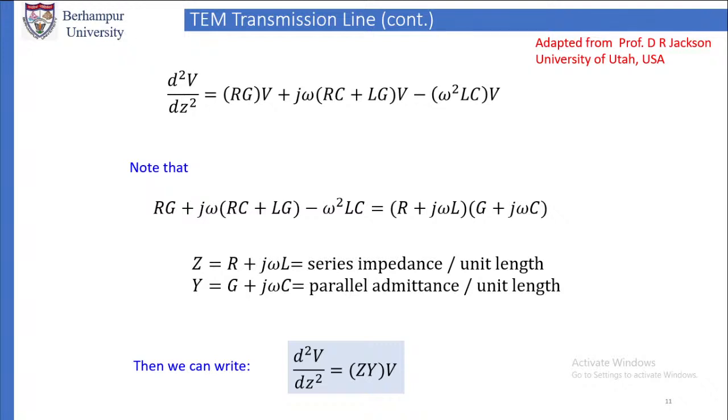Just factorize it, and you can write it in this term. So that is the multiplication of two terms. One term is R plus j omega L, second term is G plus j omega C.